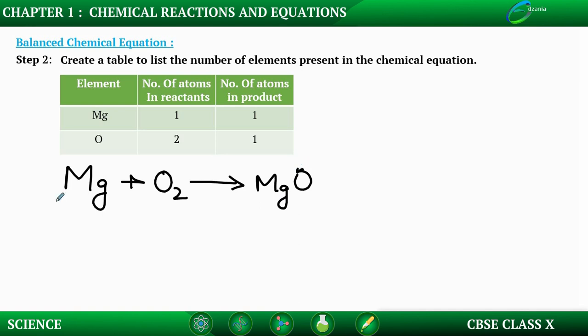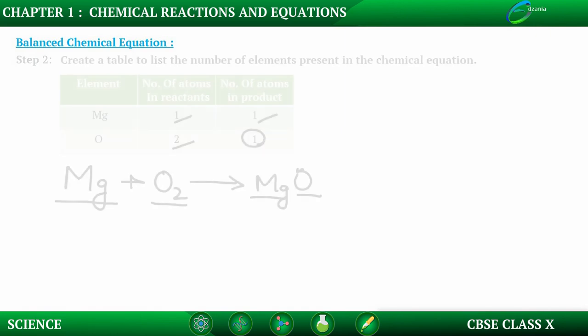In the reactants, we have one magnesium atom, and in the product, we have one magnesium atom. In this equation, we can say magnesium is balanced. But how about oxygen? In reactants, oxygen atoms are 2, and in the product, oxygen atom is 1. So, oxygen atoms are not balanced.